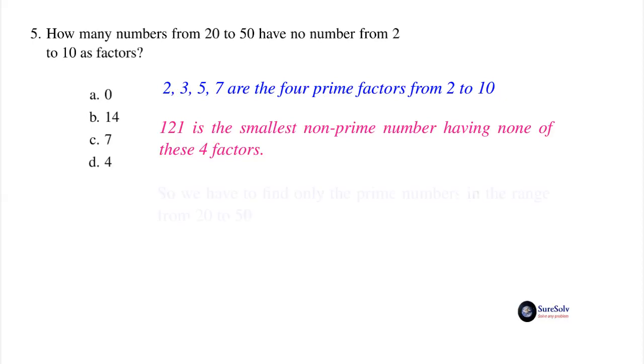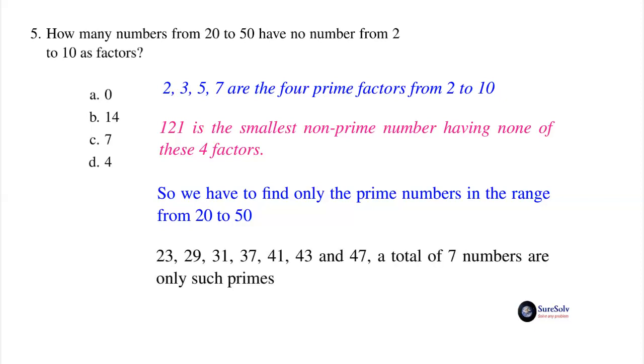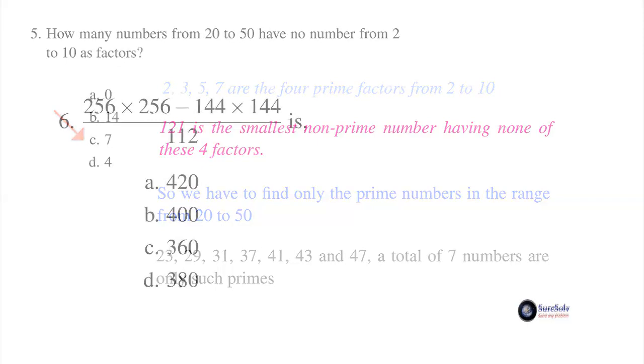So we have to find only the prime numbers in the range from 20 to 50. Think it over. You can easily enumerate these prime numbers as 23, 29, 31, 37, 41, 43 and 47. A total of 7 numbers. Answer option C, 7. Sixth question now.